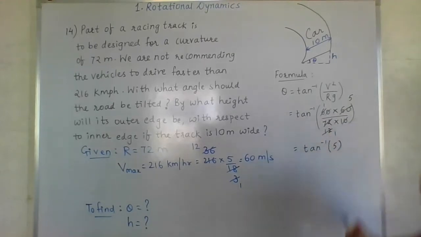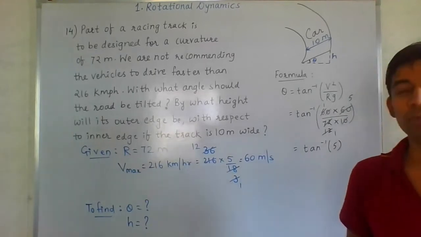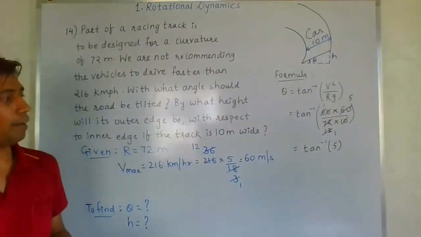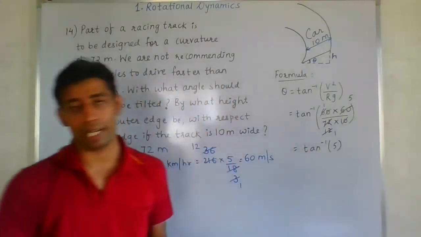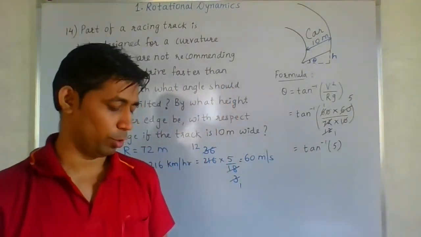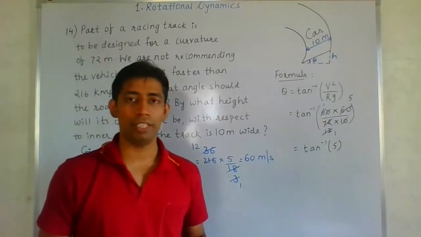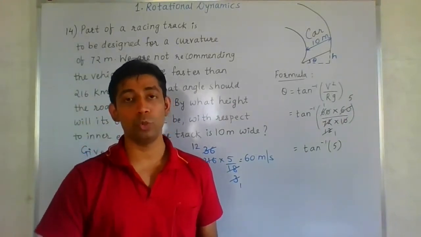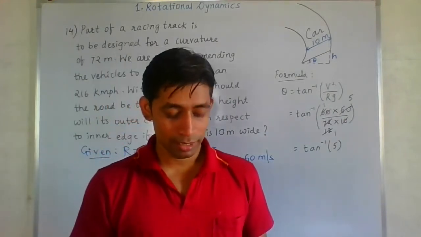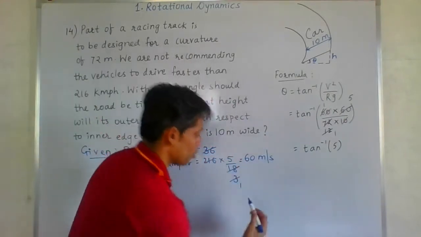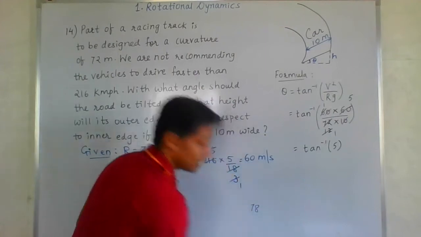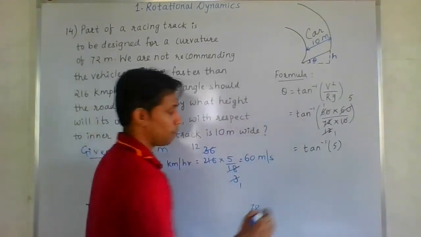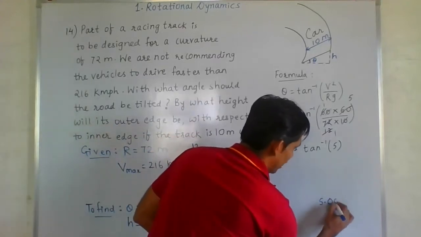Now you will have to take your log table. In it, you have to go to natural tangents and search for the value 5.00. So I'm showing my log table to you. In natural tangents, you are supposed to reach angle 78. Let's say this is your 78 degree. Along this horizontal line you can find the value 5.00.